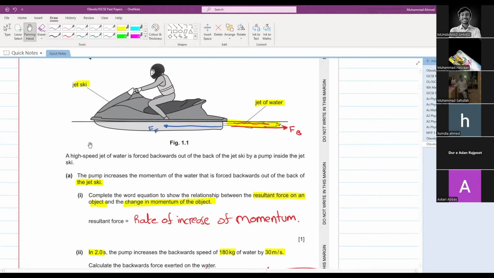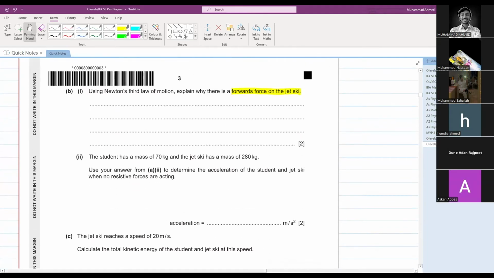So you will say, according to Newton's third law, every action has an equal and opposite reaction. So there is a force acting forwards as well. इसको सही तरह term किस तरह करोगे?